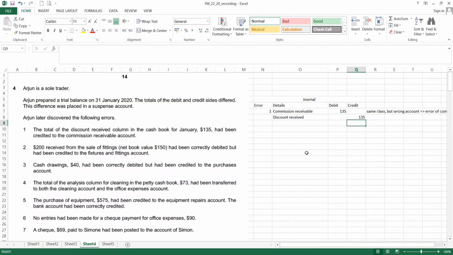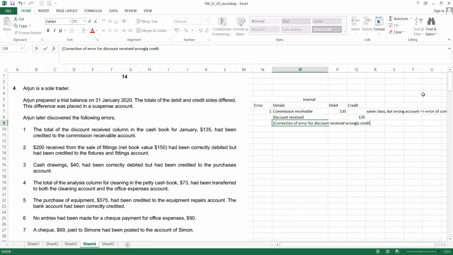That means we have to write the reason for this adjustment. So we can put in: correction of error for discount received wrongly credited to commission receivable. Okay, this is the correction that we make.